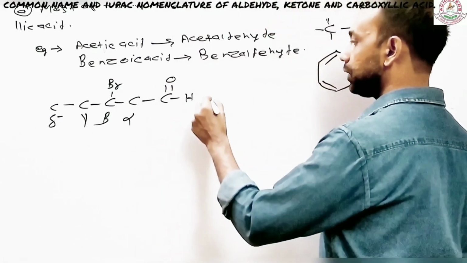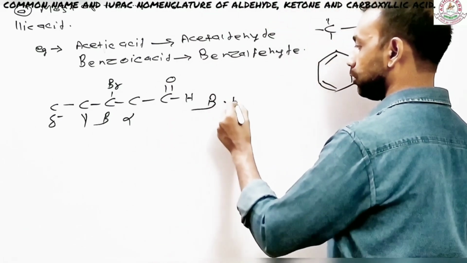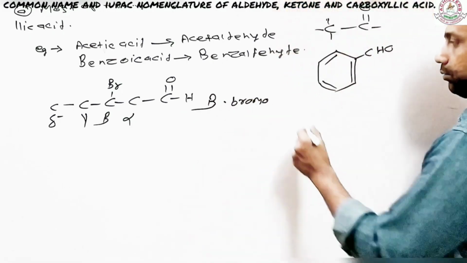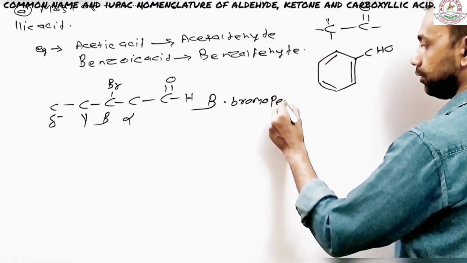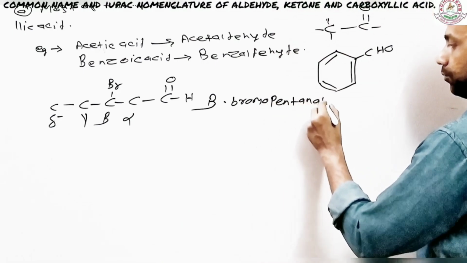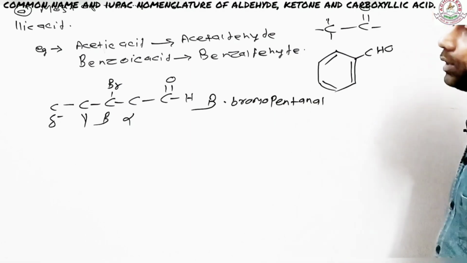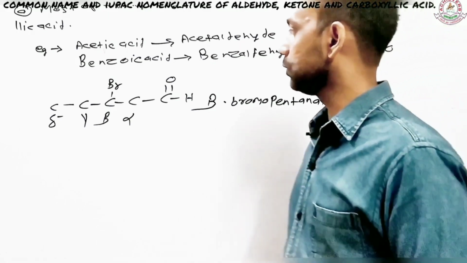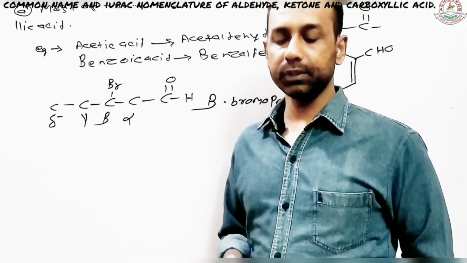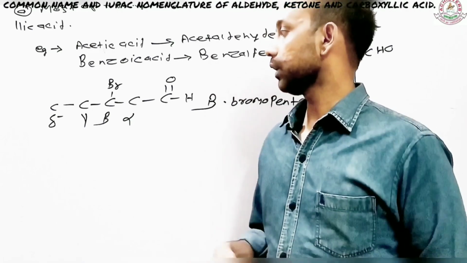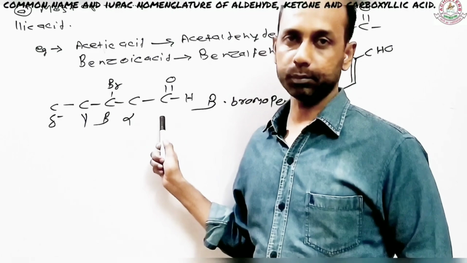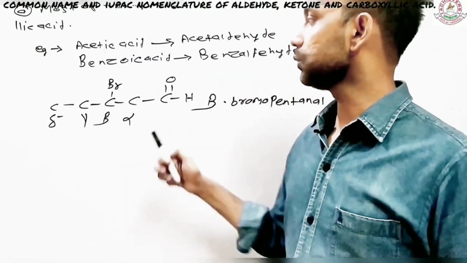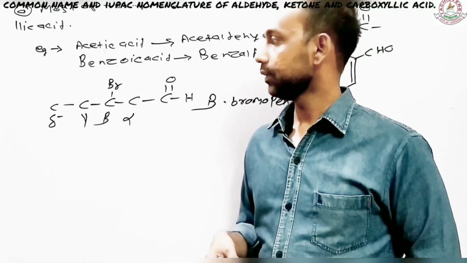We can name it beta bromo pentanal. So that is also a common naming process. Though they are not much to take, the Greeks used to number the carbon using alpha, beta and gamma, where alpha was the carbon adjacent to the carbonyl carbon, and then there was beta, gamma and delta. If there is some other example, you can name it based on that.